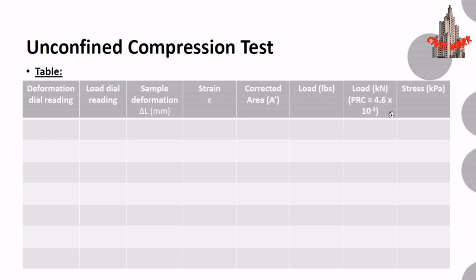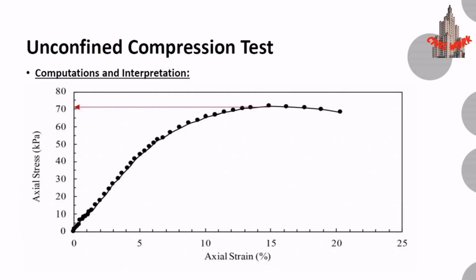Here we have the load in kilonewton, pounds will be converted into kilonewton. Here we have given the proving ring constant 4.6 into 10 raised to the power minus 3, and then we have to calculate the stress by using the formula P over A dash using corrected area. Here we have the axial stress in kilopascal and axial strain.